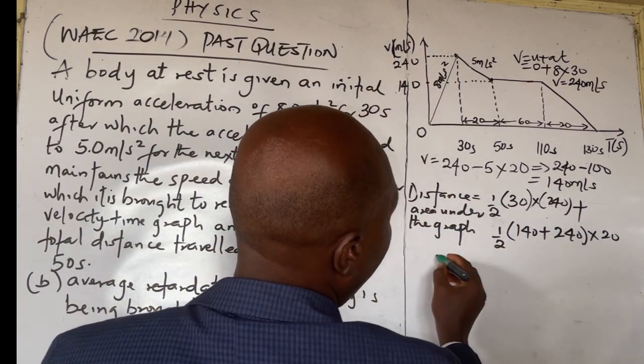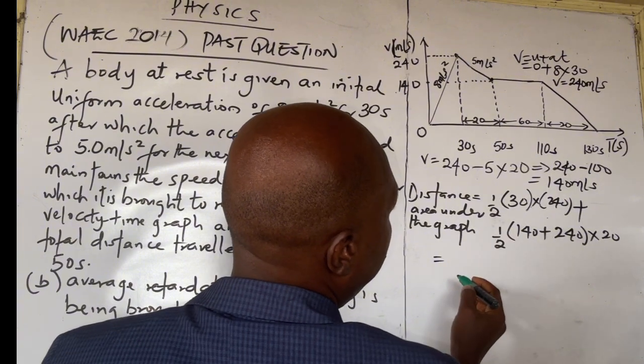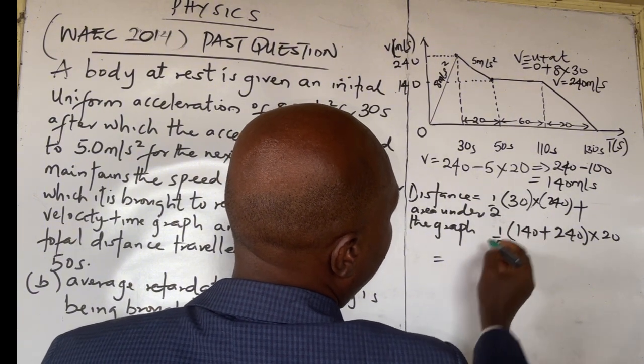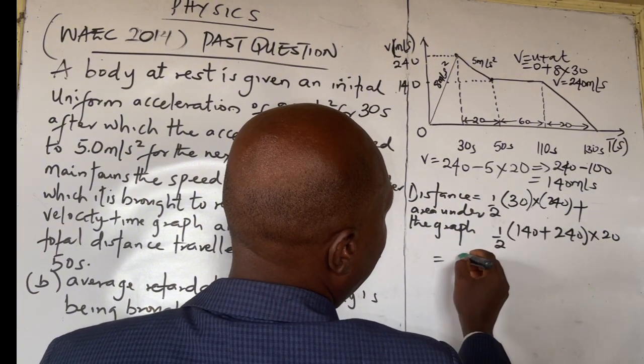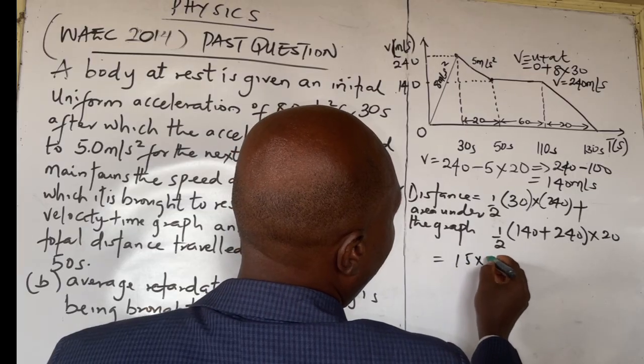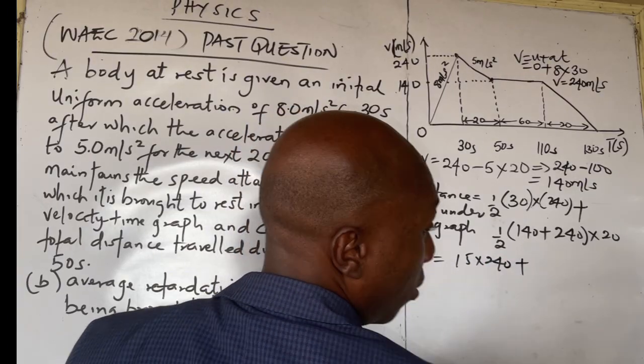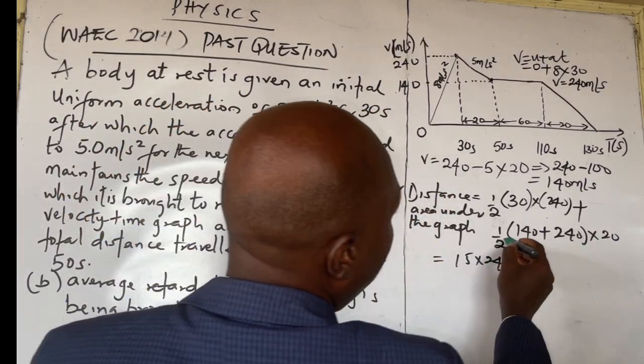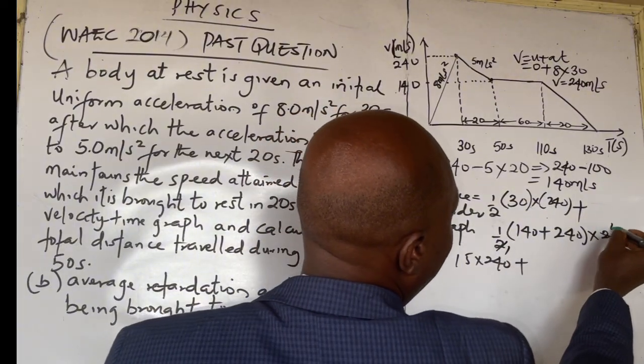So let's finish it up. We have 2 in 30, that's 15 times 240, plus, we have 2 in 20, that's 10.